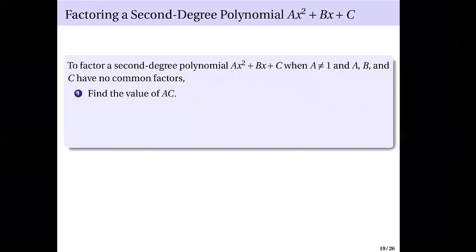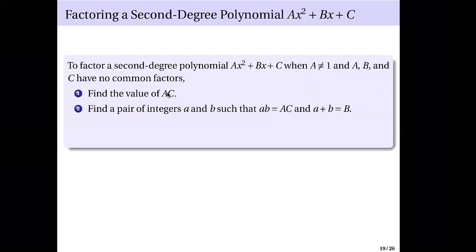Find the value of the product capital A times capital C. Once you have that, you find a pair of integers small a and small b such that the product small a times small b equals capital A times capital C.